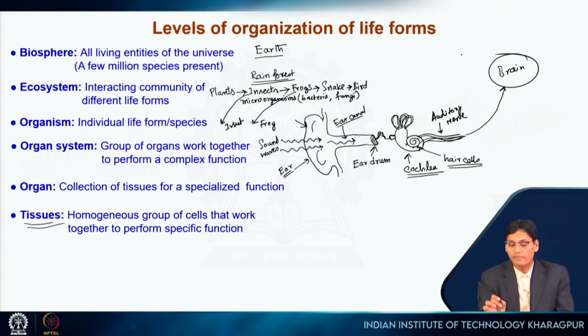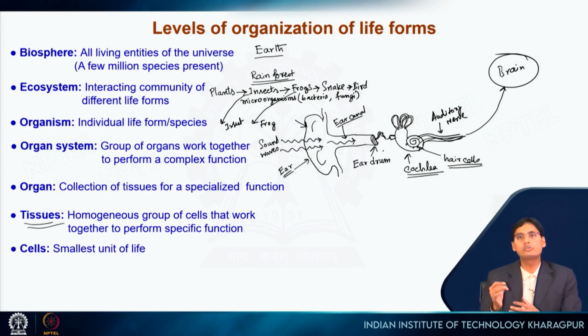But now what I want to mention is that this ear is an organ, and this eardrum has a specific type of cells which is a tissue. Then the cochlea is another type of tissue. And now if we go to the next level, the cell, the smallest unit of life. Cells are present everywhere.